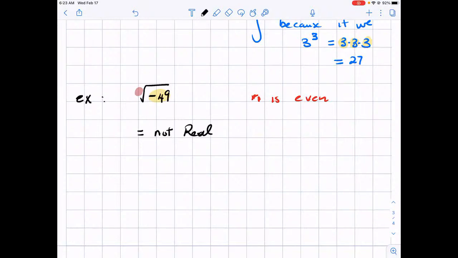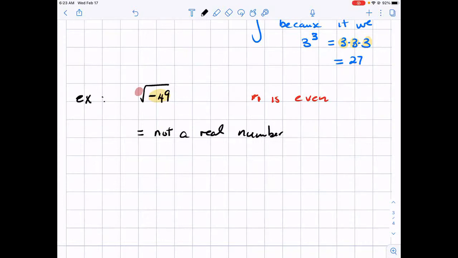It's not a real number, and it is not a real number because there is no number out there that, if I multiply it by itself, will give me negative 49.